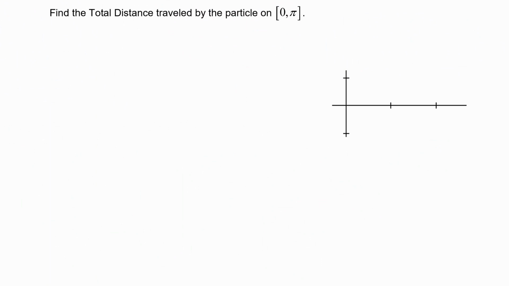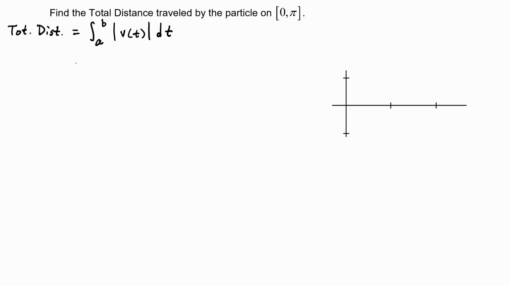Now we have to find the total distance traveled by the particle on the interval 0 to pi. Now, by definition, total distance is equal to the integral from a to b of the absolute value of v of t dt.